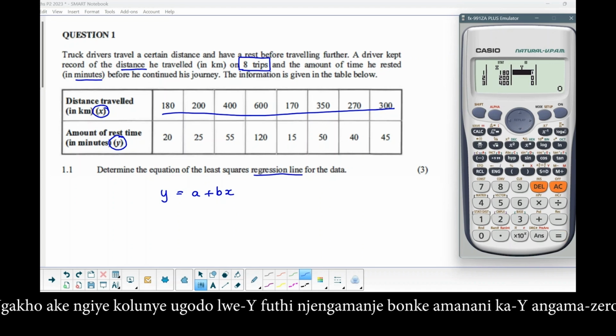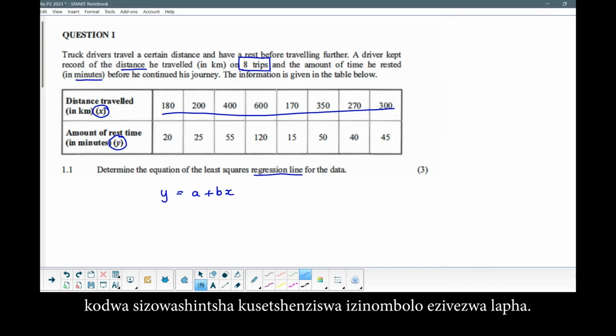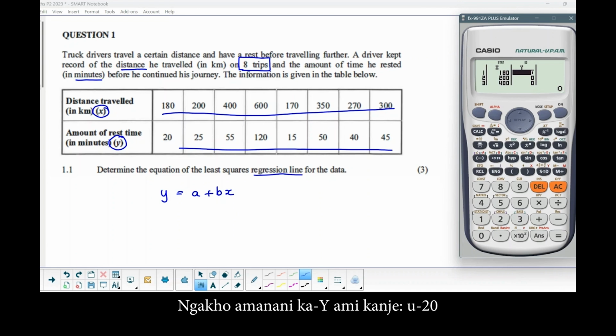Now that I've entered all the X values, I now have to enter all the corresponding Y values. So let me go to the Y column. As you can see, all the numbers are 0 for now, but we're going to change that using the numbers that appear here. So my Y values are 20 when my X is 180. When X is 200, I have 25. When X is 400, I have 55. When X is 600, I have 120.